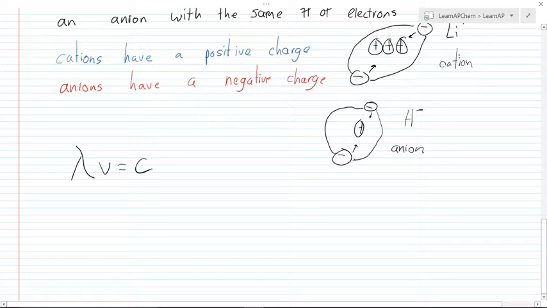So c here is the speed of light. v is frequency. And lambda is wavelength.